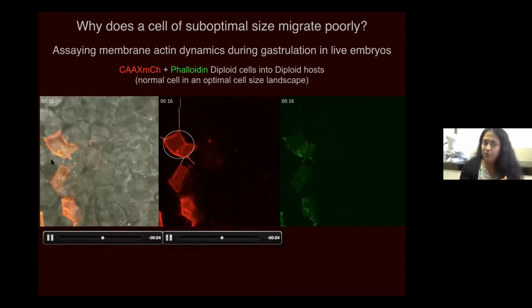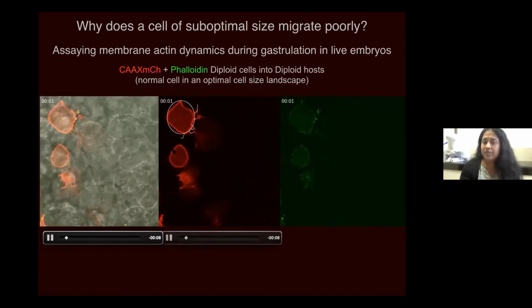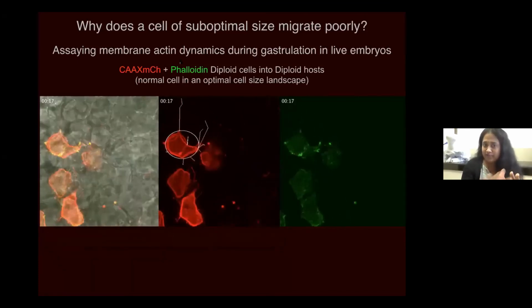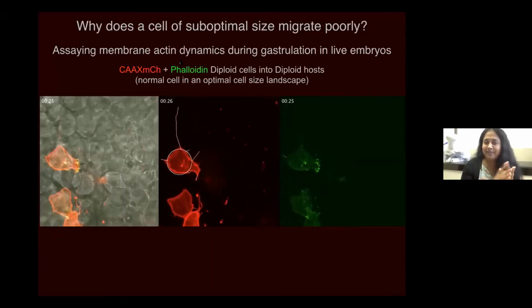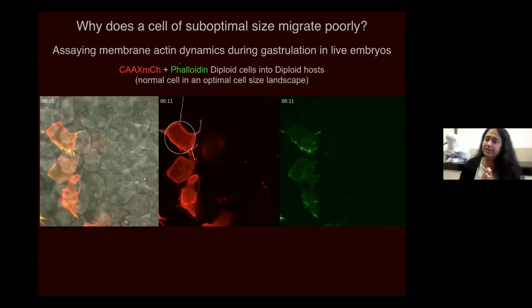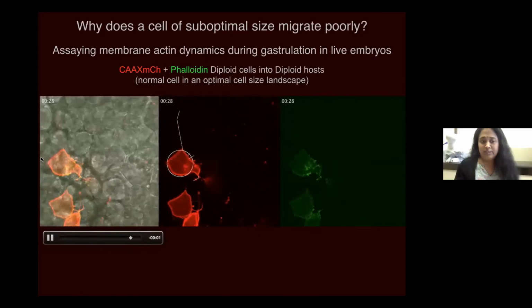We can do that because we generated these mosaics where the membrane of the cell is marked, and we have used a transgenic line, which I've written phalloidin, but that's not correct. What we have used is a utrophin GFP transgenic line in which the endogenous actin is marked. So it's not a drug-treated condition.